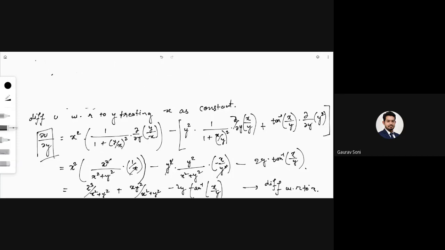So partial derivative of u by y is equal to, let's combine the first two terms and take x common. So we'll have x square plus y square, and the denominator is x square plus y square, minus 2y tan inverse x by y.